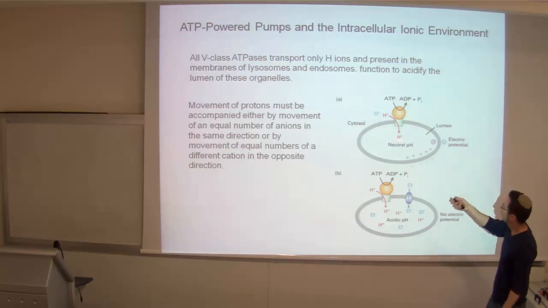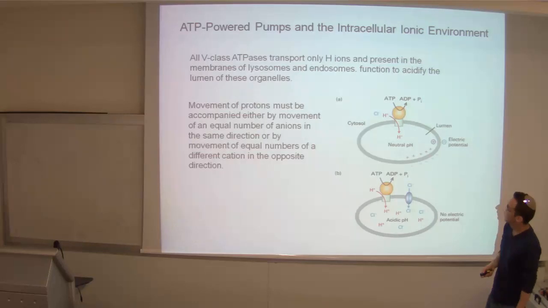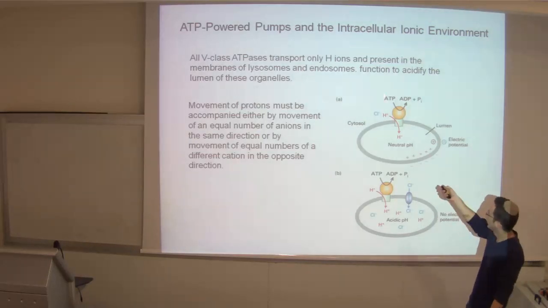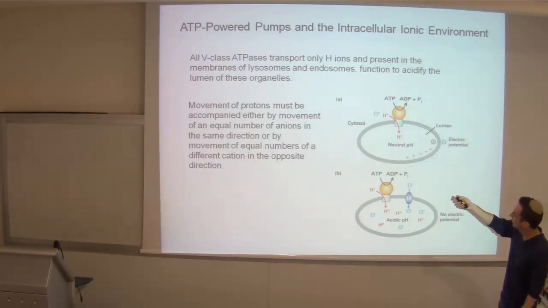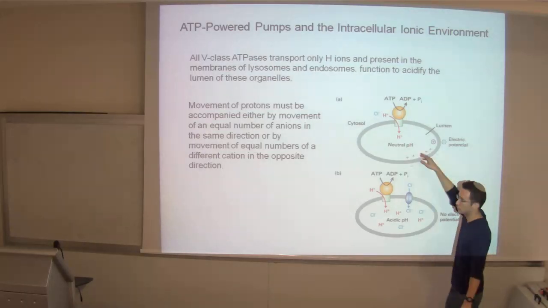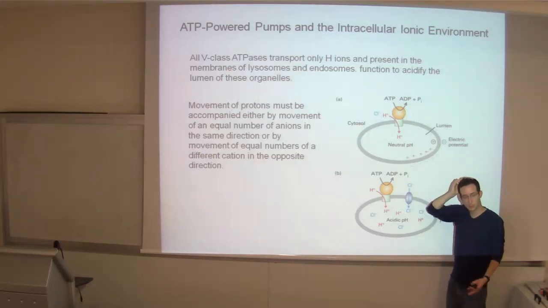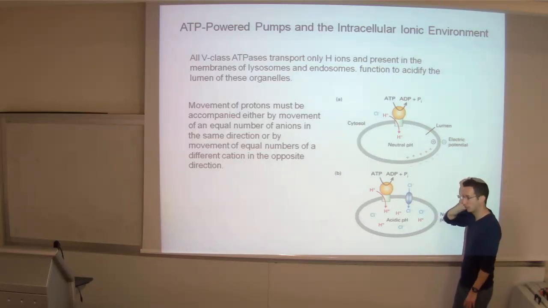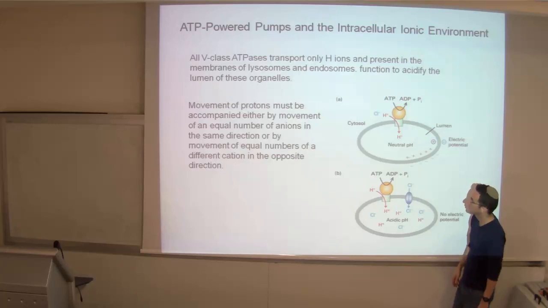So that's the lysosome, the V-class ATP pump, and it hydrolyzes ATP in order to move a hydrogen into the lysosome. More hydrogens here mean lower pH, meaning a more acidic environment, and that's good for the degradation process that occurs right there inside.